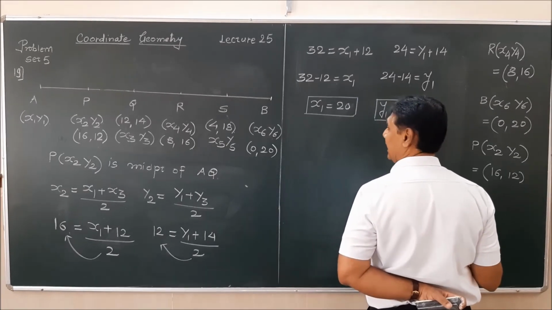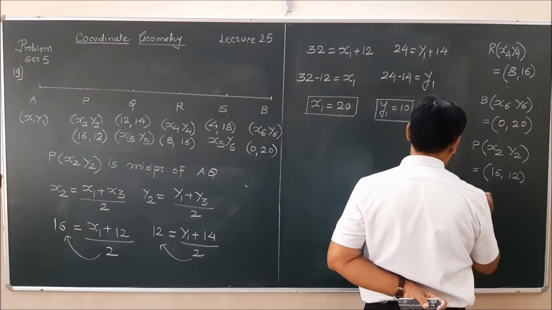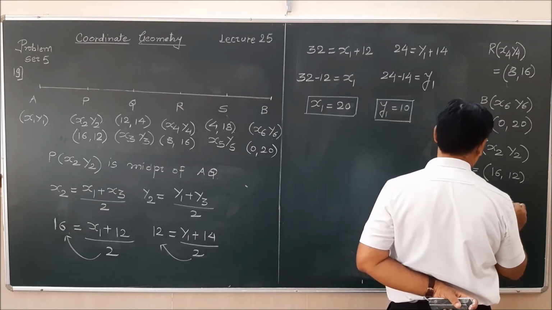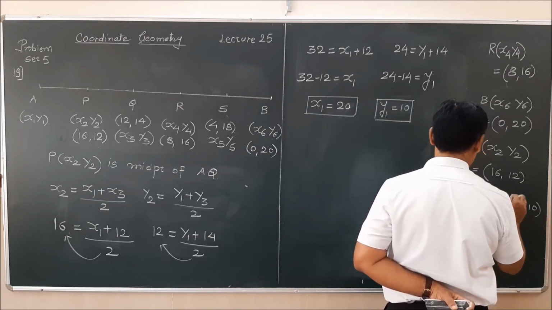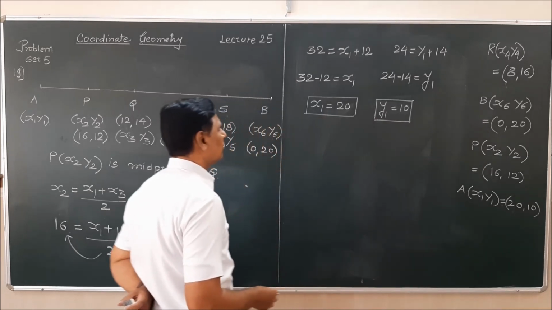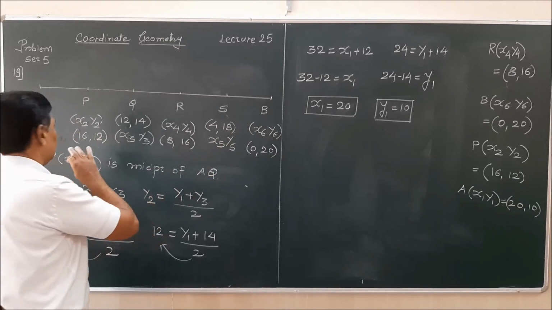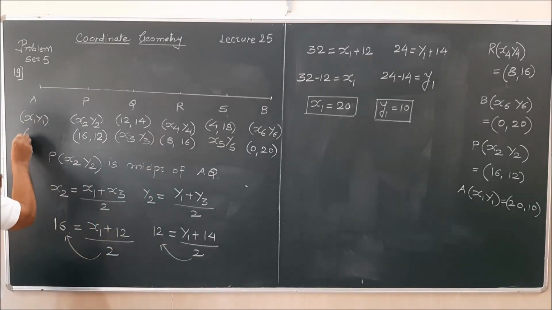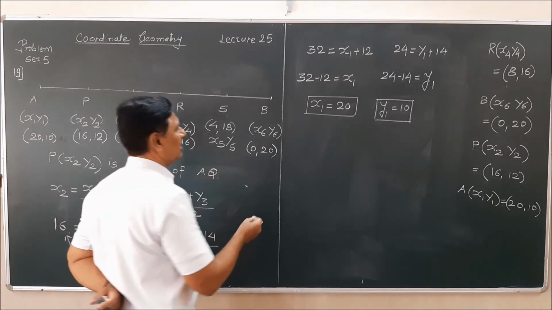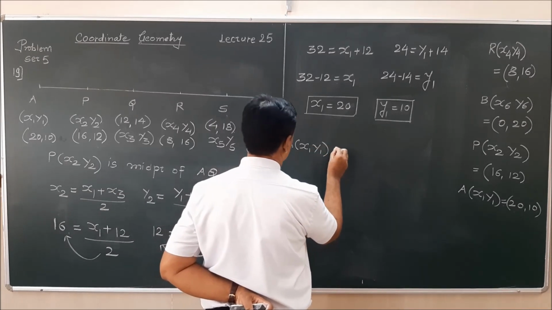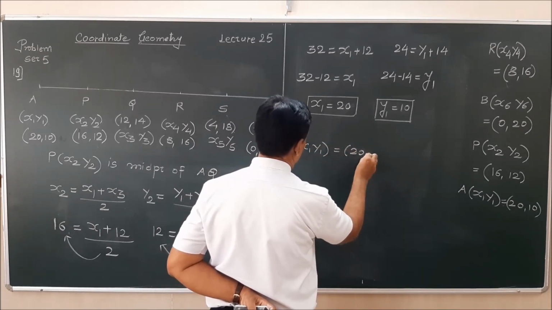So A (x1, y1) is 20 comma 10. So this is how we have got the coordinates of all these points, right from A to B. The coordinates of A (x1, y1) are 20 comma 10.